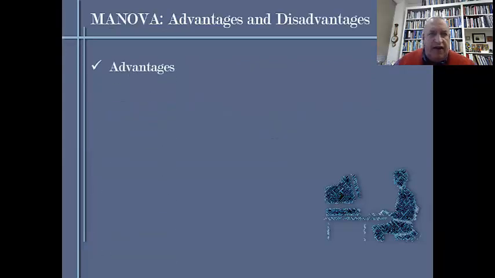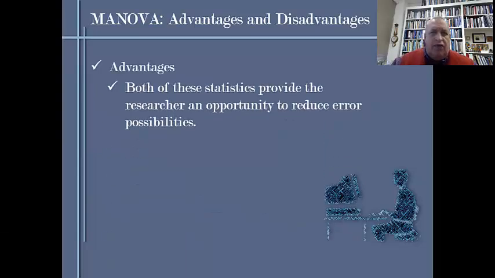Now, some of the advantages: both of these statistics provide the researcher an opportunity to reduce the error possibilities. As we've discussed in previous ones, you could do single tests for each of the variables that you're looking at, but in doing this, you add a lot of possibility for error. Doing the MANOVA and the MANCOVA together, you reduce those error possibilities.